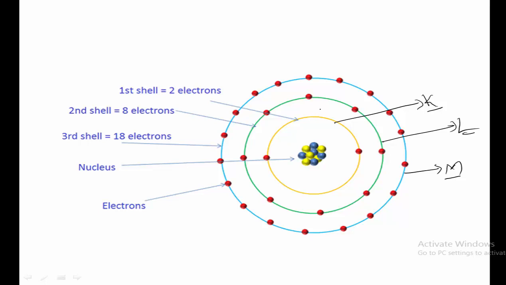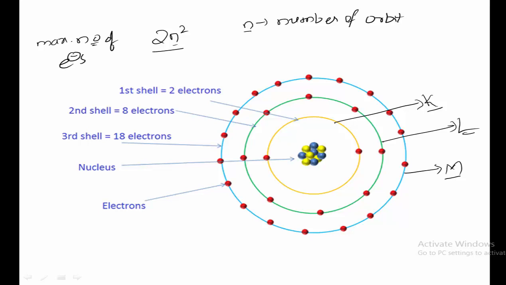In order to find that, we use one formula, that is 2n². Here n represents the number of the orbit. Whether we are considering the first orbit or second orbit, we substitute that in place of n. That gives the maximum number of electrons which are present in each shell.